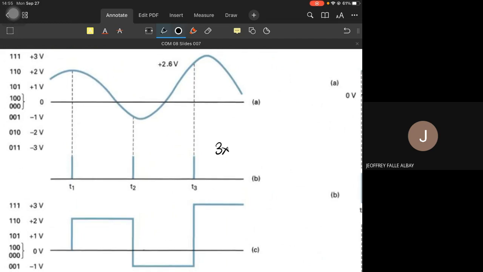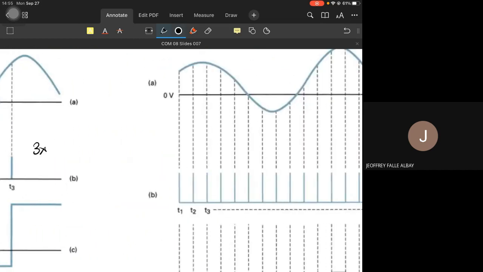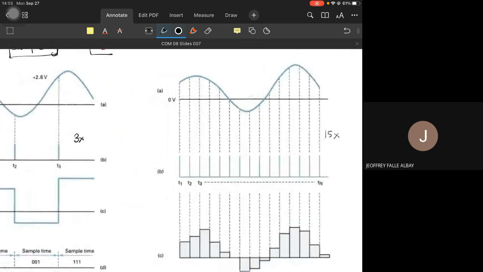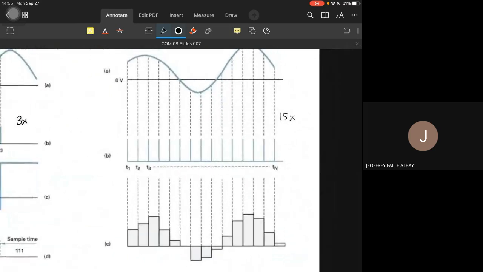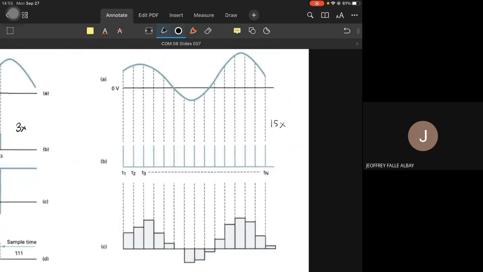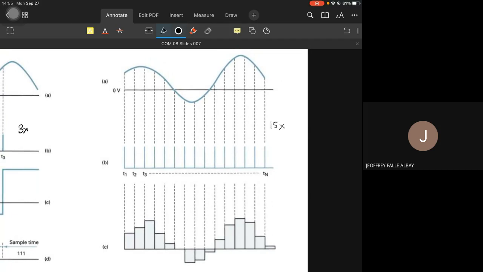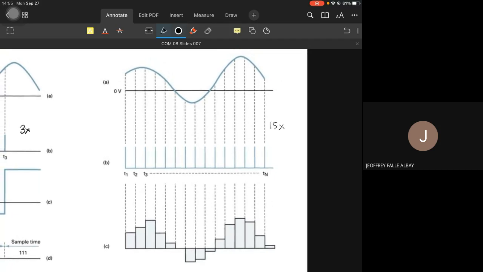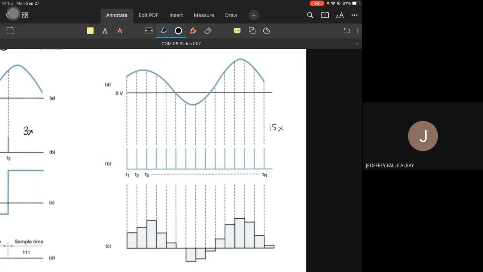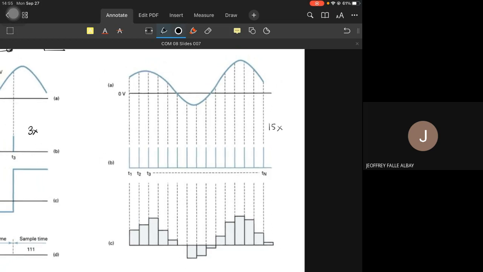Notice the third signal looks nothing like the original signal, right? Because it took only 3 samples, okay? So here, the output signal in this comparison example is a much better representation of the input signal compared to the previous example.